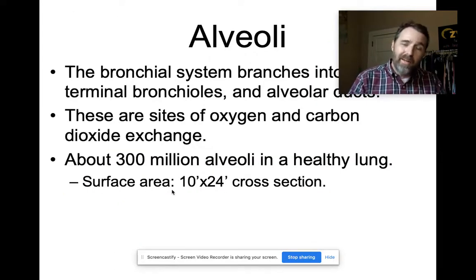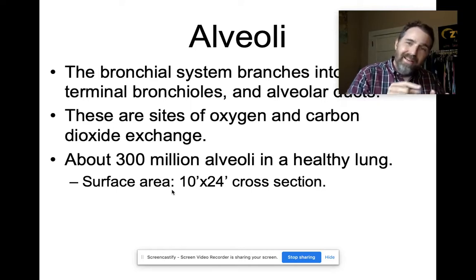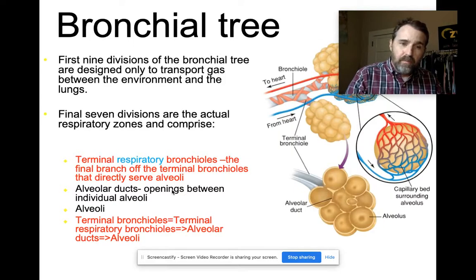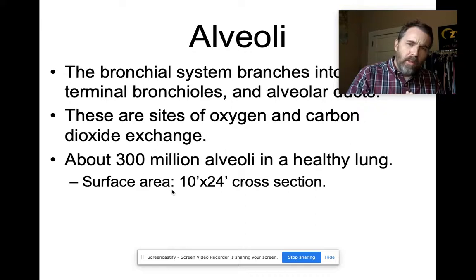But what we are going to talk about is that at the end of the bronchial tree, once those bronchial divisions keep branching off and getting smaller and smaller, eventually they get to the point where they are feeding air through what we did define as the terminal bronchiole, the last bronchiole, right? Feeding air through the terminal bronchiole into the alveoli.